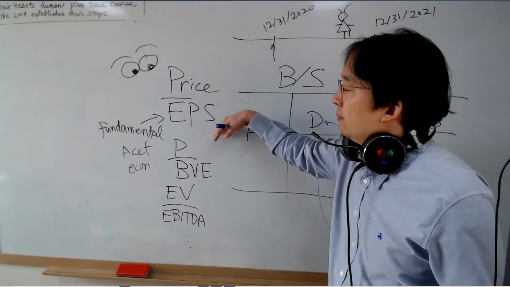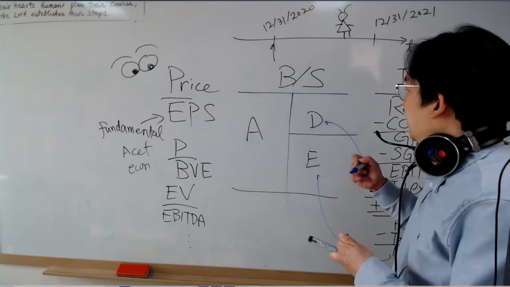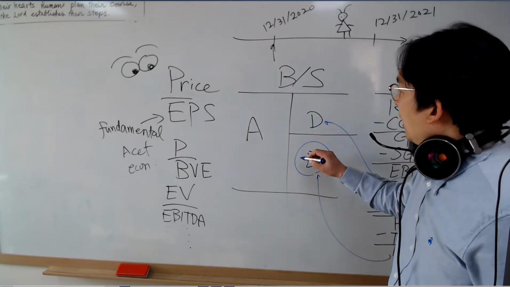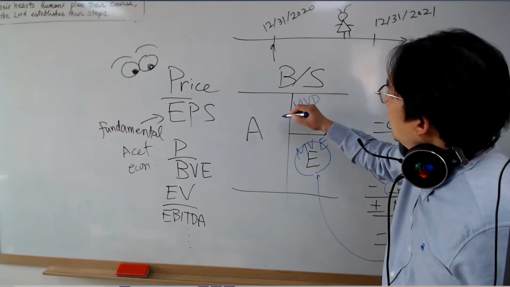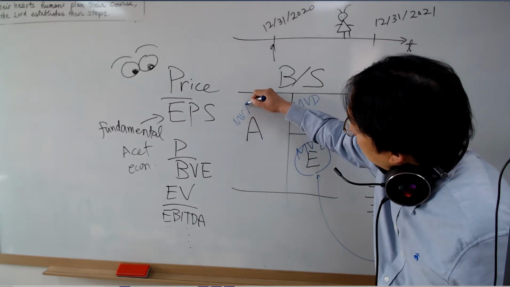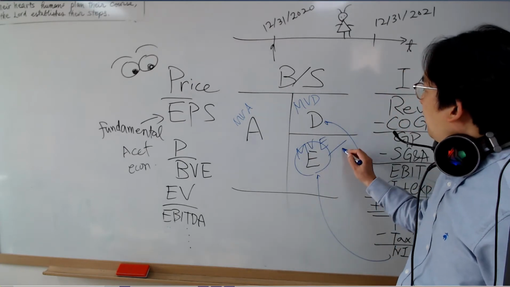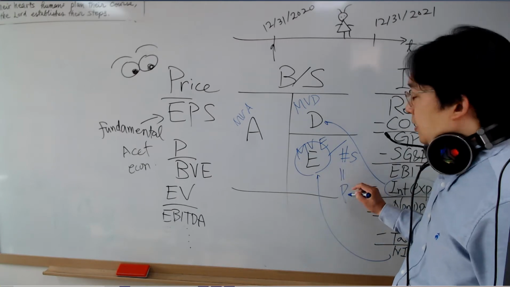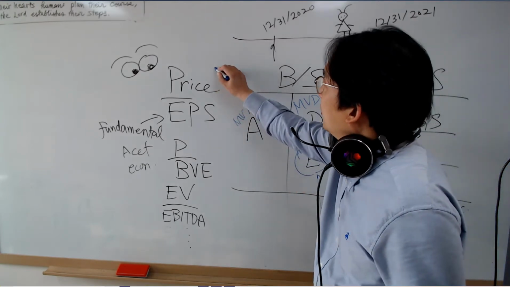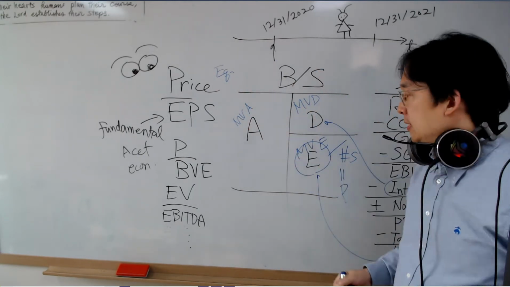Numerator, PE multiple, for example, okay? The price is this guy. Market value based equity, you can think about market value of debt and market value of asset, right? Market value of equity divided by number of shares outstanding, that's nothing but price. And that's this guy. So this is for equity holders, right? How about EPS?